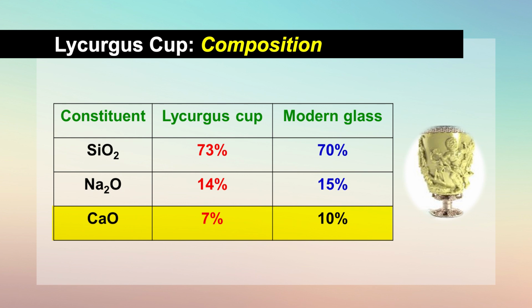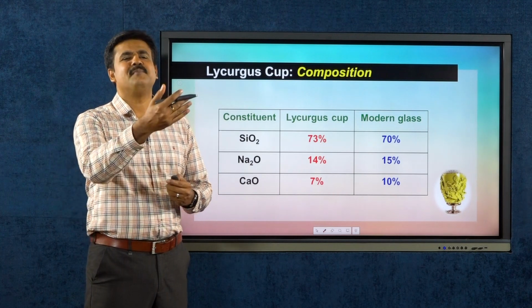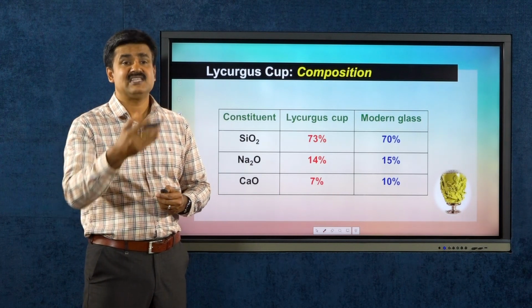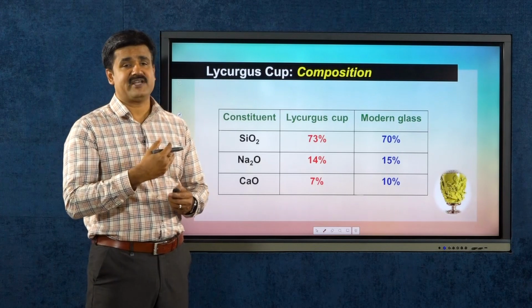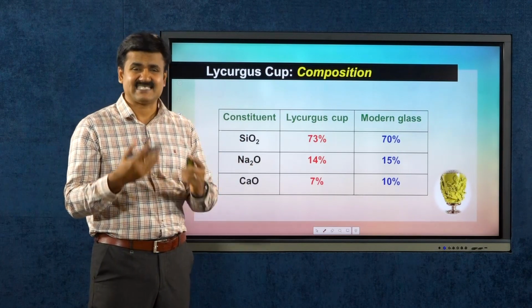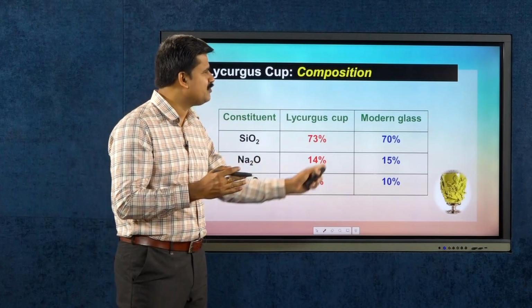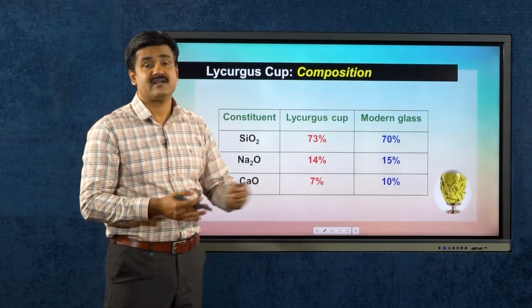Calcium oxide composition is 7% in Lycurgus cup, and in modern glass it is 10%. From this chart it is very clear that the composition of the major components, silica, sodium oxide, lime or calcium oxide, are more or less the same in Lycurgus cup and in common or modern glass.